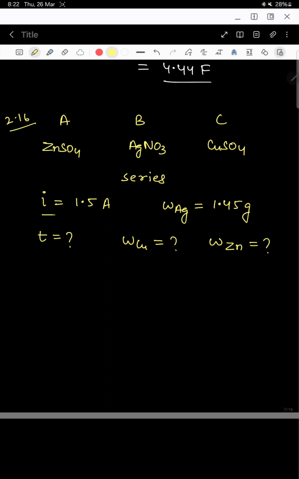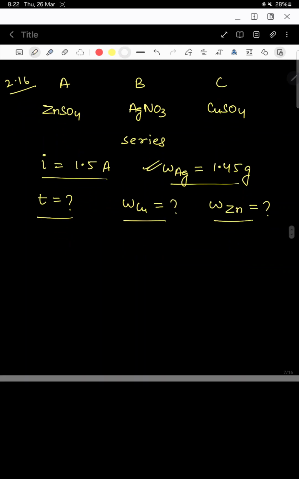The current passing through them is 1.5 ampere and the mass of silver getting deposited is 1.45 grams. So we need to first calculate the time for which the current flows, and then we need to calculate the mass of copper and zinc that is getting deposited. The mass of silver is given in the question. So simply first thing that we need to do is to calculate the equivalent masses of all 3.